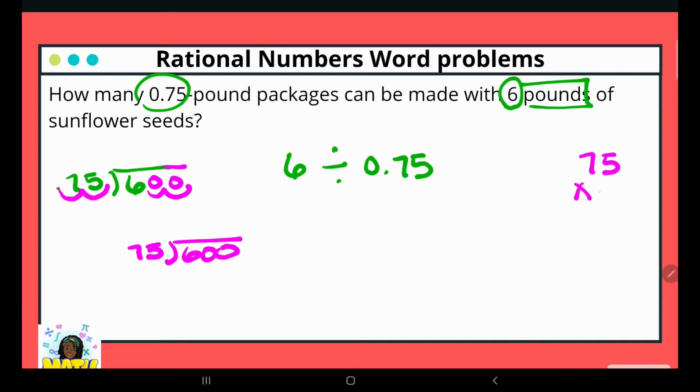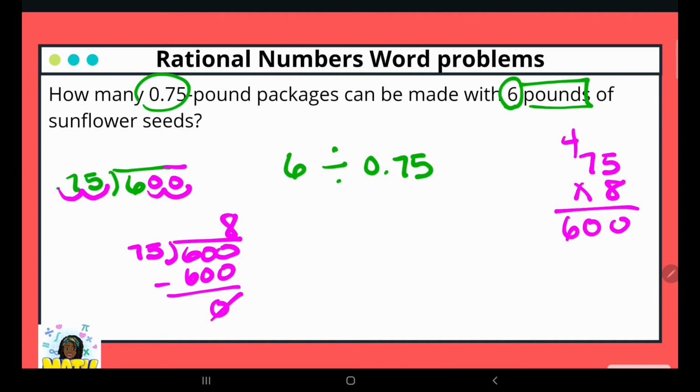And let's check it. That's kind of like a little guess and check. 8 times 5 is 40. 8 times 7 is 56, plus 4 is 60. So that confirms that 75 goes into 600 8 times. You could have also just picked a number like 4 and tried it, or a number like 5 and tried it.